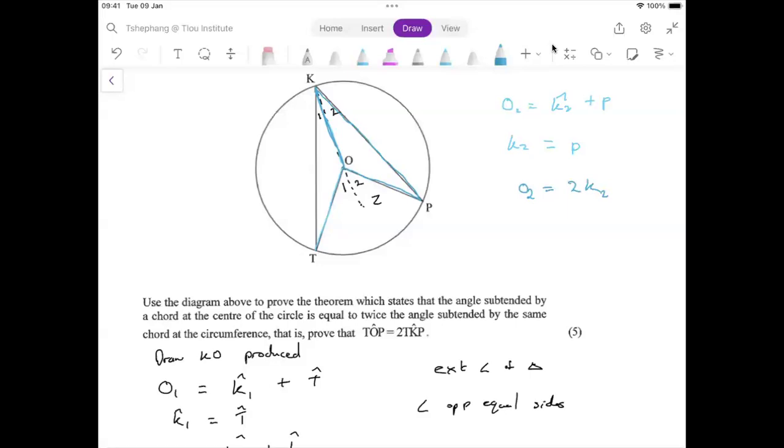Now, we're going to say O1 plus O2 must be equal to what? 2 times K2 plus 2 times K1. Now, this is the same as 2 times (K2 plus K1). We just took out a common factor of 2.